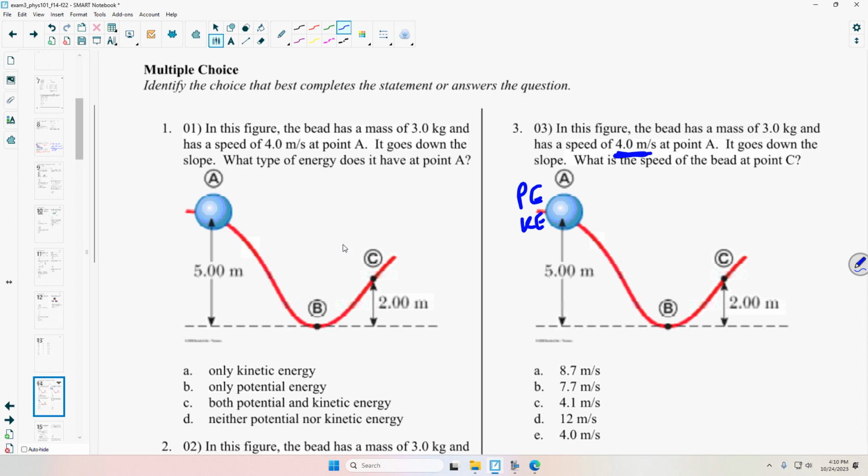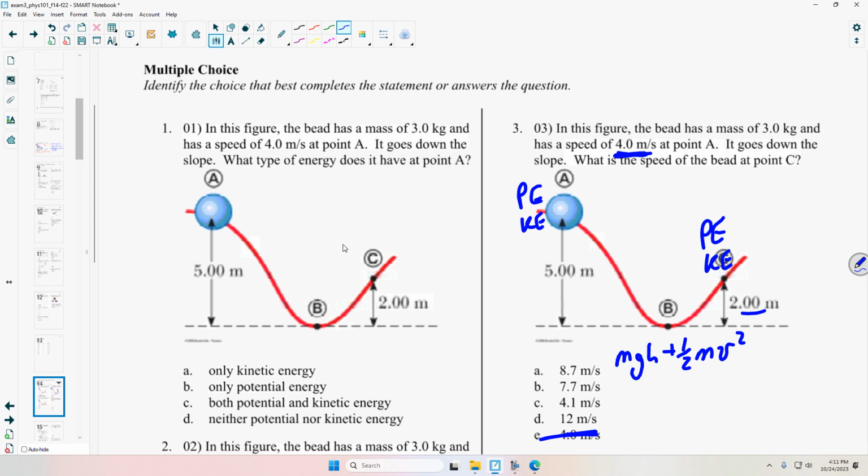And then at point C, I know it still has potential energy because it's 2 meters, and it also has to have kinetic energy because some of the potential energy at point A has converted into kinetic energy at point C. It's moving faster at point C than it was at point A, which, by the way, allows me to get rid of this answer, and I could probably get rid of C too, but I'm not sure. So I set those two equal to one another. I have mgh plus 1/2 mv squared.